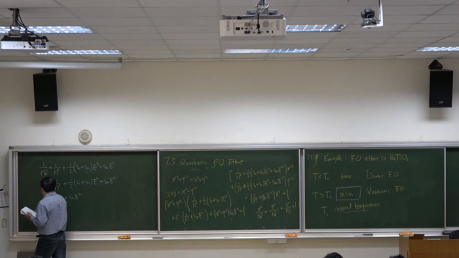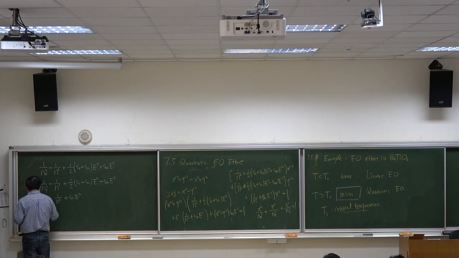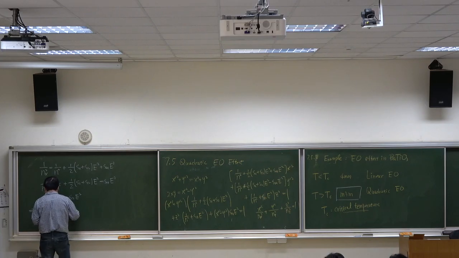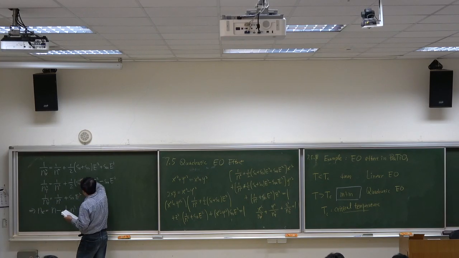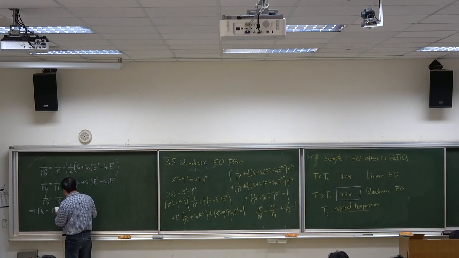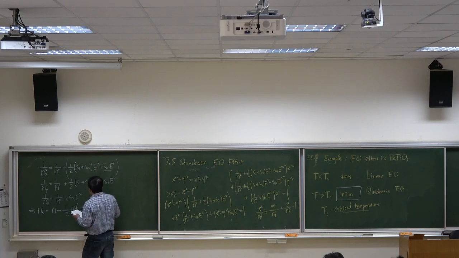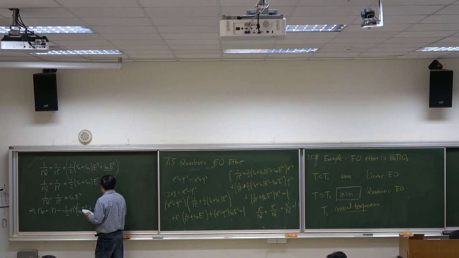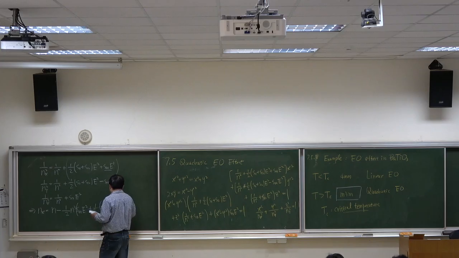So, according to this result, we find nx prime is n minus 1/2 n cubed times this correction. So this includes the term S44 e squared plus 1/2 (S11 plus S12) e squared.